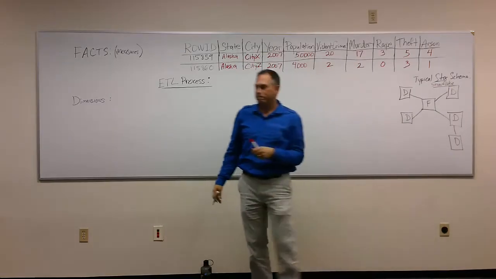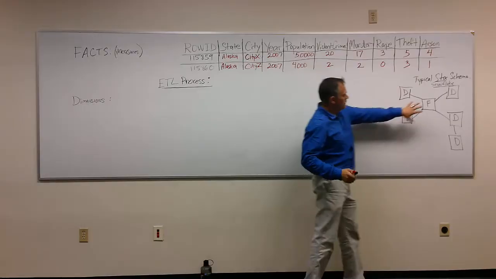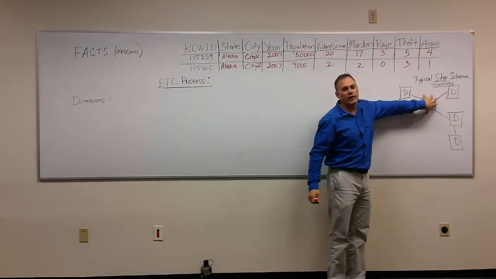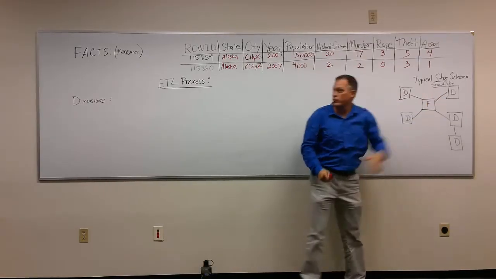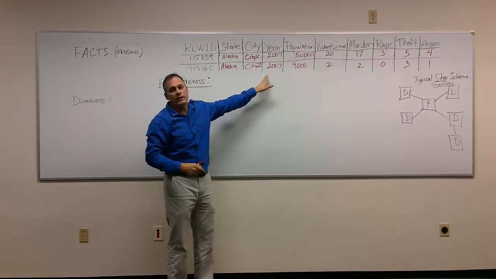Now, the typical design is that in the middle we have a table that is going to have all of the measurable facts that we identify from this data.